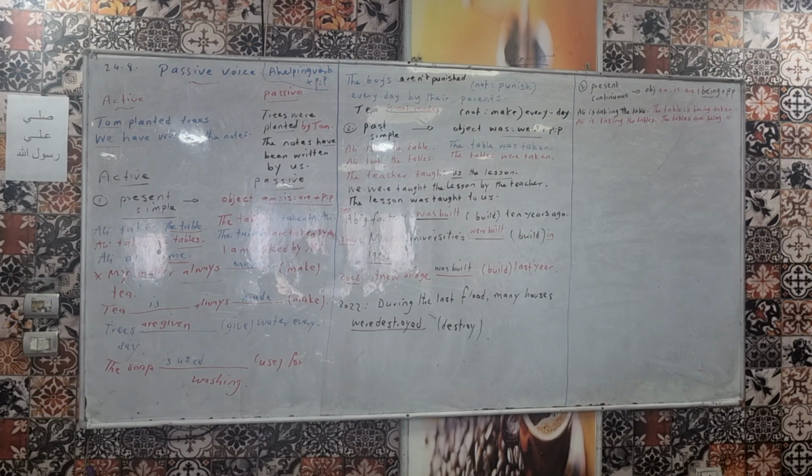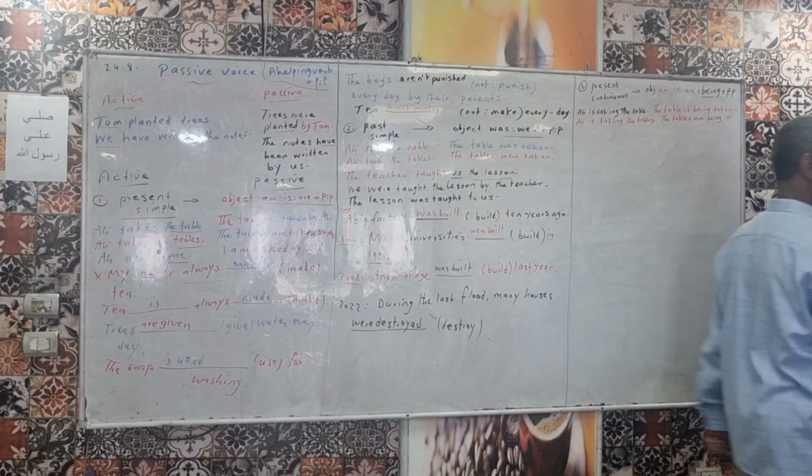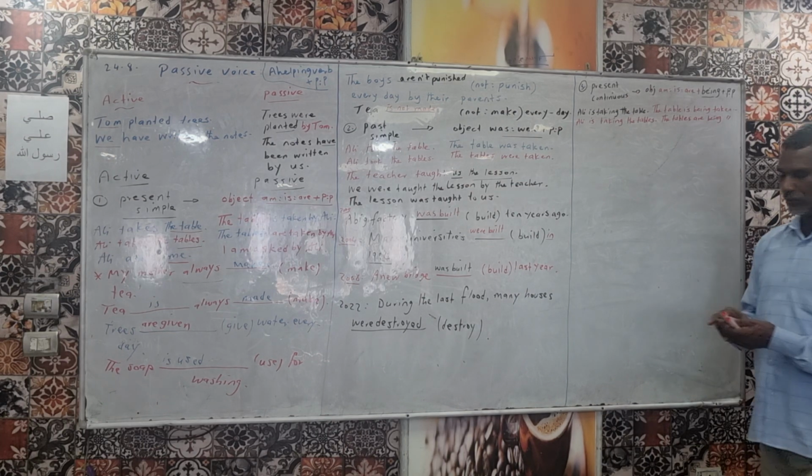Now I will say sentences, and you tell me the passive voice. My grandfather is telling the story now: the story is being told now. My grandfather is telling the stories now: the stories are being told now.